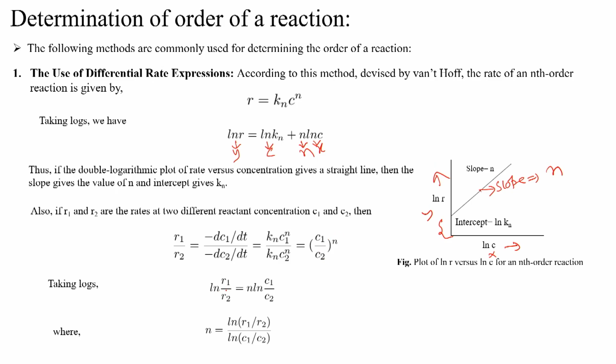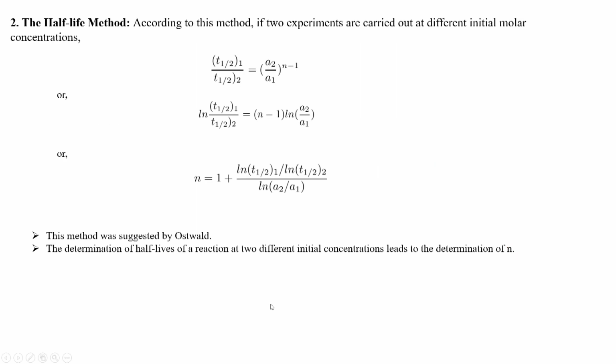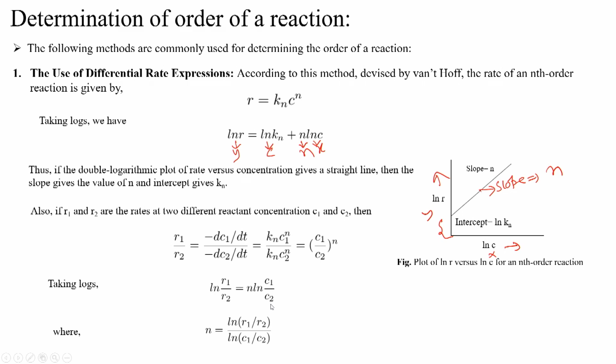If we take the log of both sides, we get ln R1 by R2 is n ln C1 by C2. So, n, the order of the reaction, is ln R1 by R2 divided by ln C1 by C2.